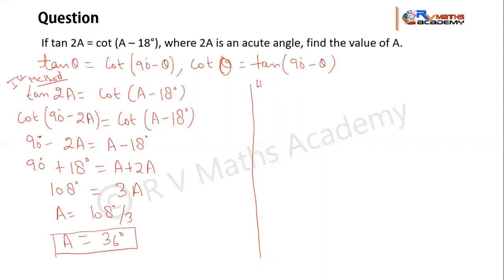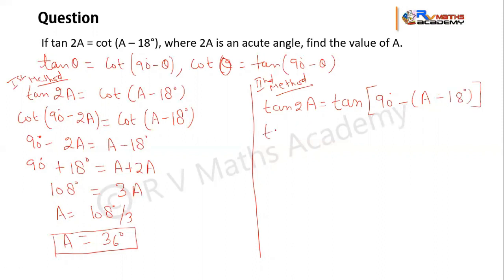If we change the right hand side, then see how we will do it. So we can write it as tan 2A. Now, cot theta can be written as tan 90 degree minus theta. So here theta is A minus 18. So we can write it as tan 90 minus. Now in place of theta, I will write A minus 18, because my theta is A minus 18 degrees.